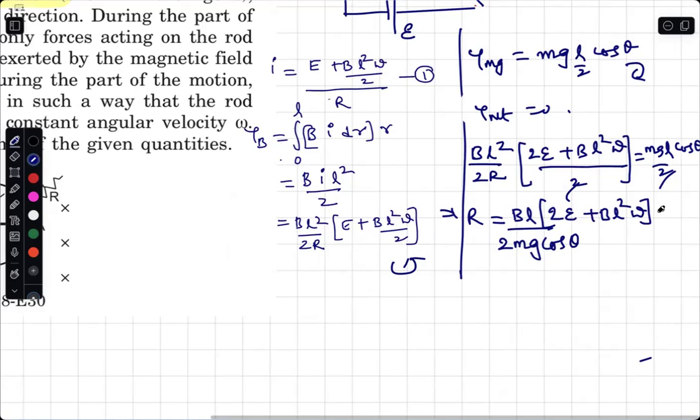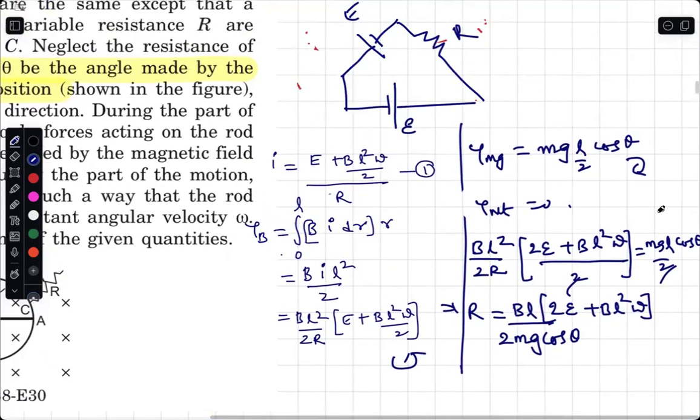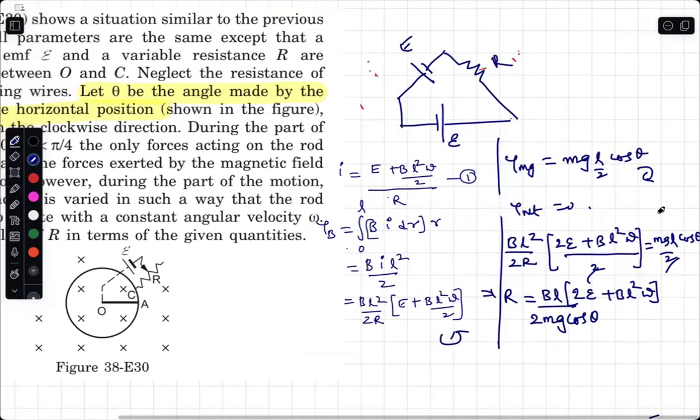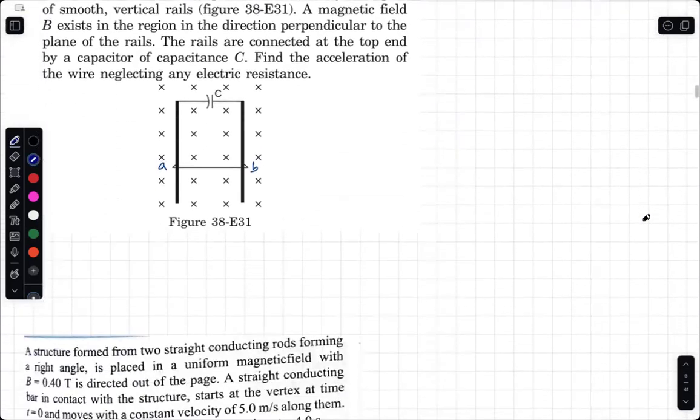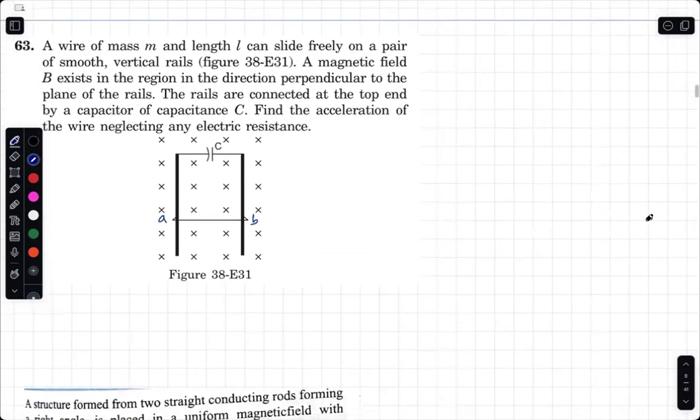Theta. So according to theta, you should change R. So any doubt in this, please ask me right now. Clear? Pakka? Sure? All these are from H.C. Verma. Right. A very good question again. H.C. Verma. Please go through this question again.